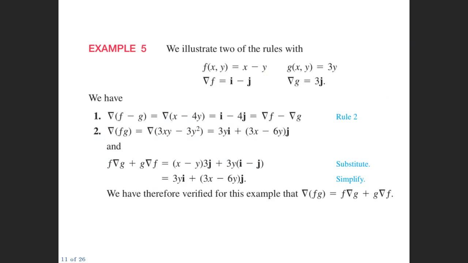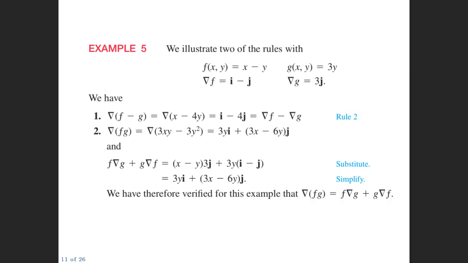Back to the book for an example. In this example, we're going to illustrate two of these rules using the functions f equals x minus y and g equals 3y. Of course, nabla f is i minus j, and nabla g must be 3j. Nabla of f minus g, that's nabla of x minus 4y, is i minus 4j, which is the same as nabla f minus nabla g.